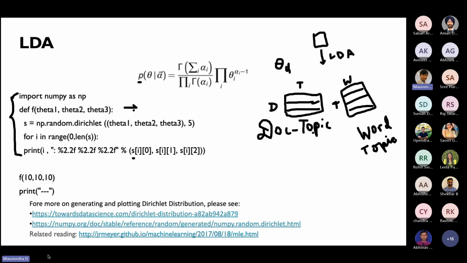There are many different libraries, and tools for visualizing the outputs as well. Okay, let me share a different screen and show you.